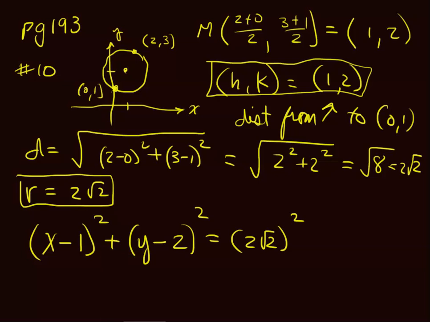Let's do one more, converting general form to standard form to figure out how to graph it. Let's do number 32. 2x squared plus 2y squared plus 8x plus 7 equals 0.